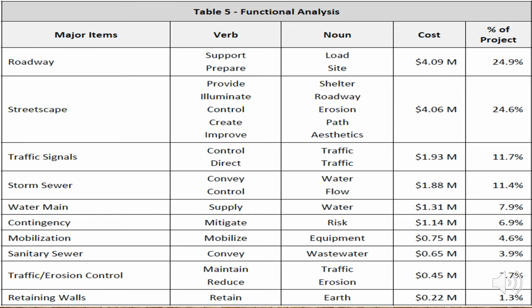And to see what functions have the largest cost impact, you break each of those major items down into functions. For instance, provide shelter, illuminate roadway, control erosion, create path, improve aesthetics. All of those functions can even further be broken down into cost and impact.